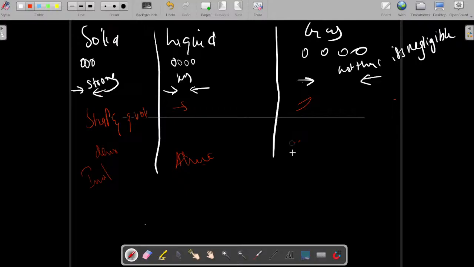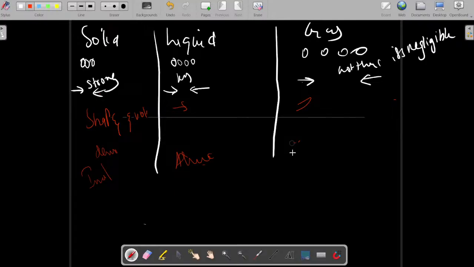This is solid, tightly packed. Then liquid in a beaker, it's not that tightly packed. I never see liquid tightly packed, but carbonated liquid is often tightly packed. This is gas.